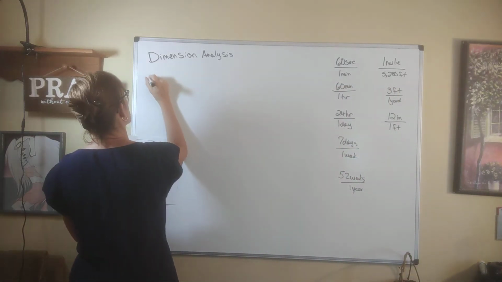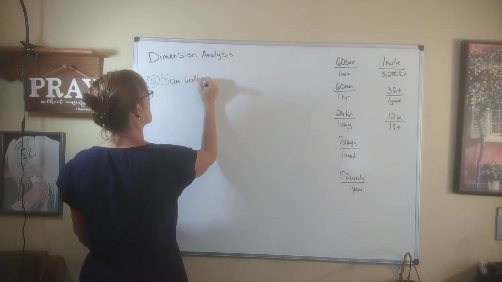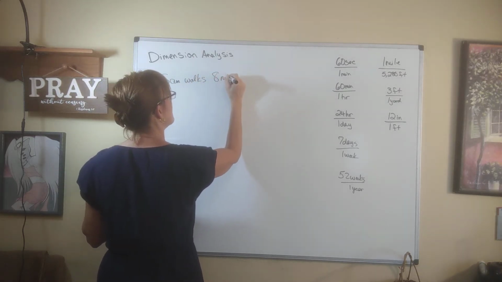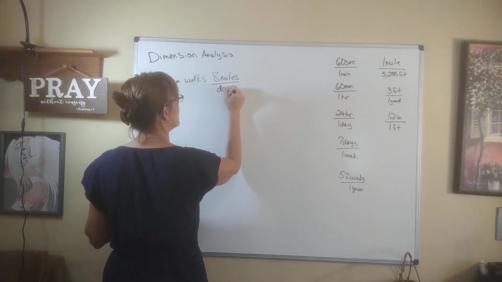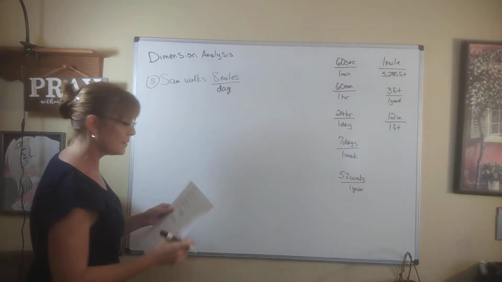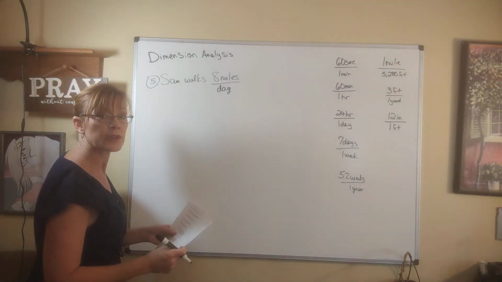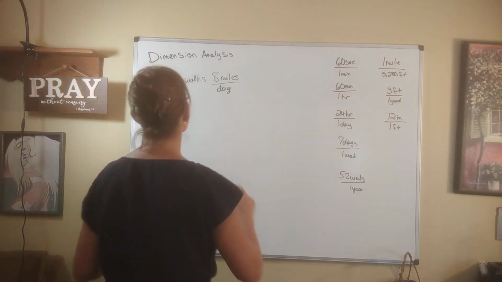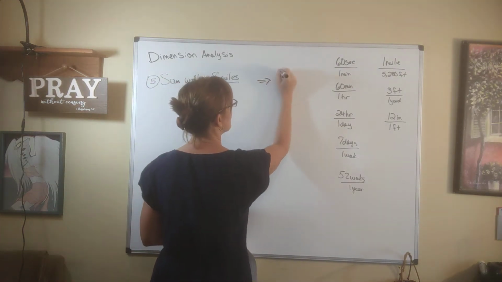Okay, number 5. Okay, Sam walks 8 miles every day, or 8 miles per day. That's another way you can write that. 8 miles per day. And then it says, how many feet does he walk in 3 weeks? So, how many feet does he walk in 3 weeks is what we want to convert this to.